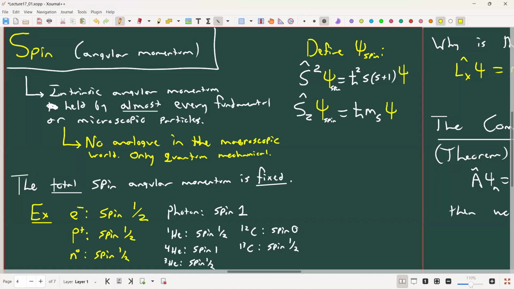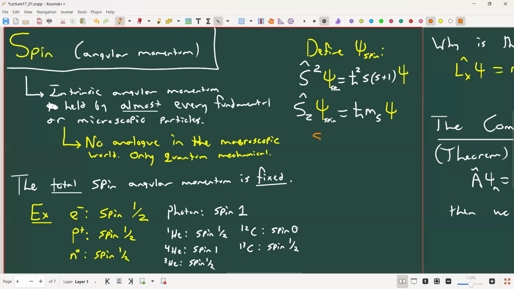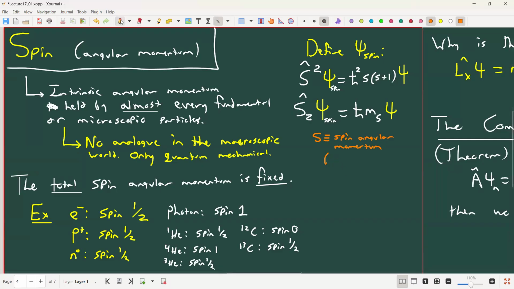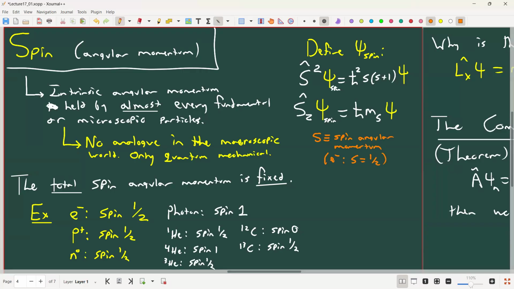And so the spin angular momentum is just a fixed number. And those numbers are the ones that I just wrote down. So for the electron, S is 1/2. It's only 1/2.